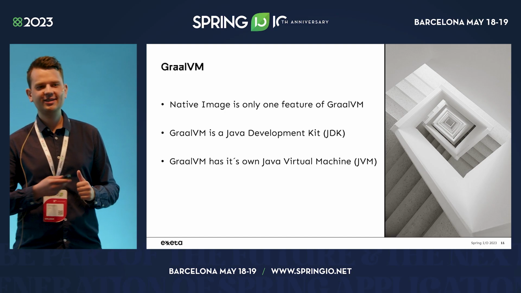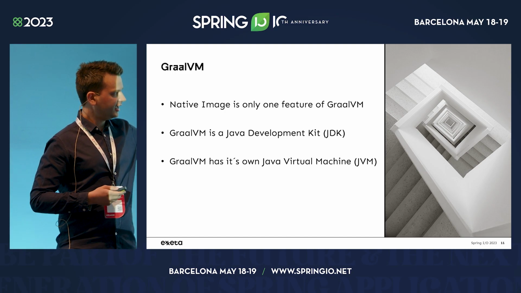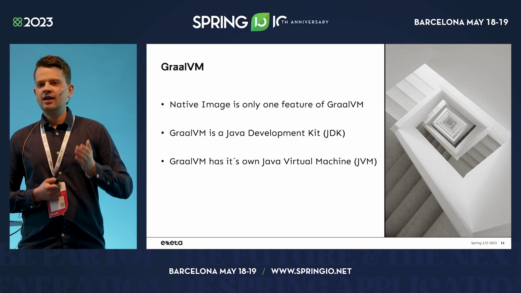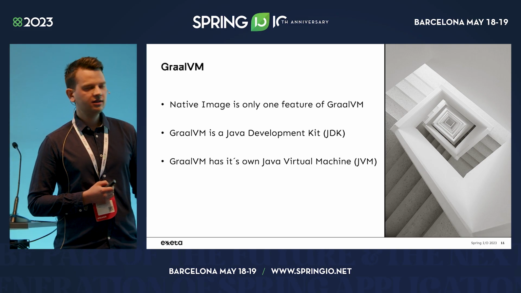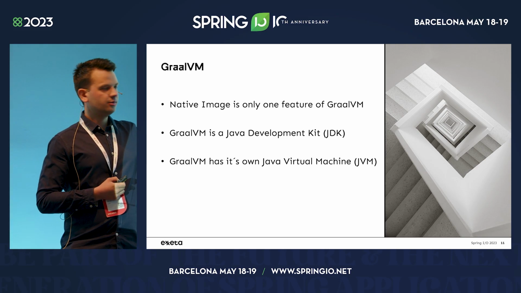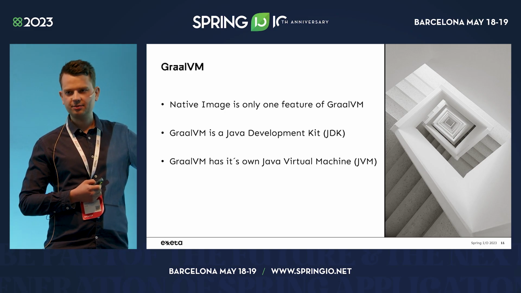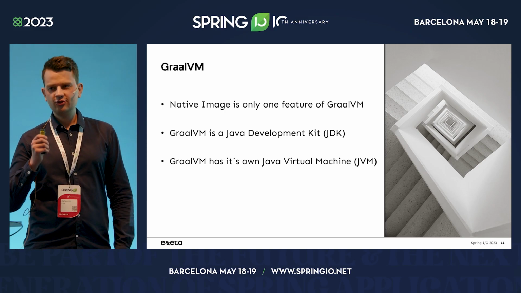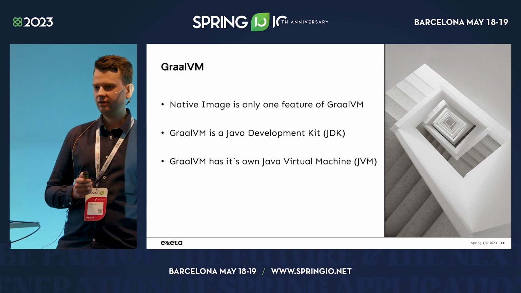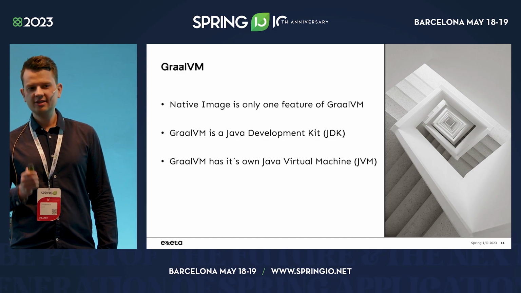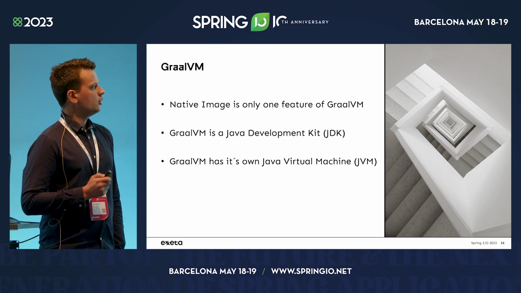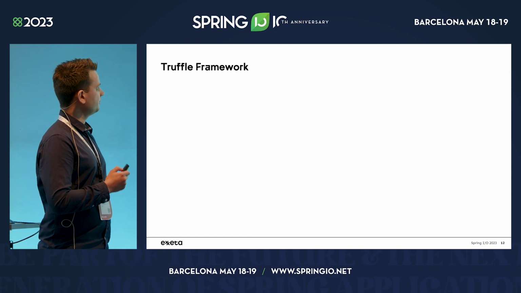So GraalVM is the JDK and the Java virtual machine. And this Java virtual machine is able to run code from languages like Python or JavaScript. To understand why this is possible, we have to look at a sister project of GraalVM, which is called Truffle.